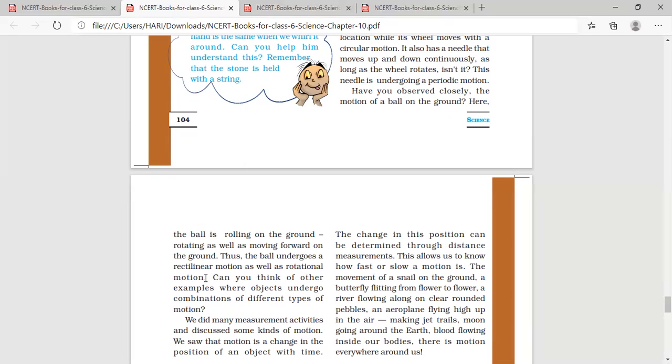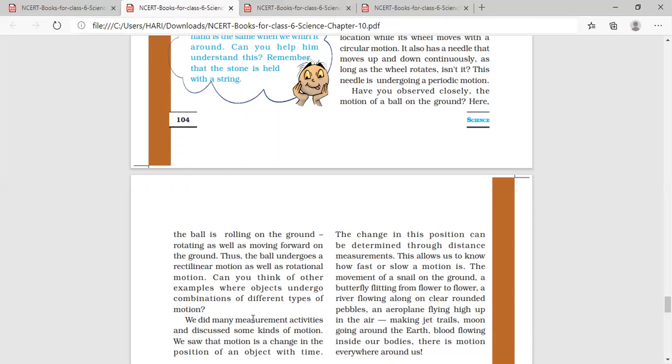At the same time, it is moving forward on the ground, so it undergoes rectilinear motion also. Can you think of other examples like the circular motion of the cycle?